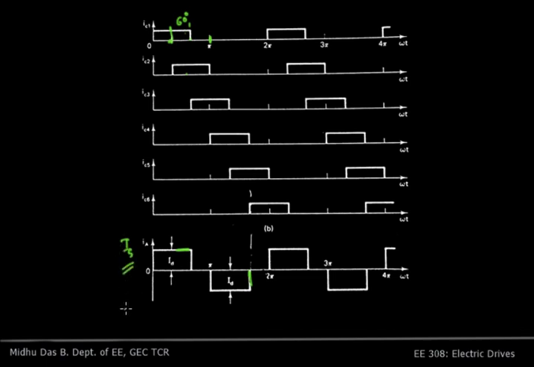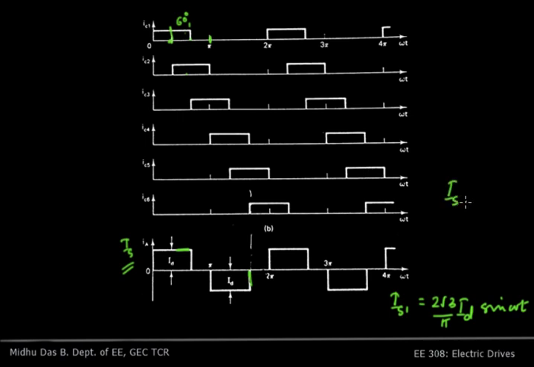If you want to find out the average value and RMS value of this stator current, first we'll see what is the fundamental component of this waveform, IS1. If you write down the Fourier series expression of this particular waveform, similar to the way you have done for a 6-step voltage source converter, you will get an expression like this: 2√3 by pi ID sine omega t.